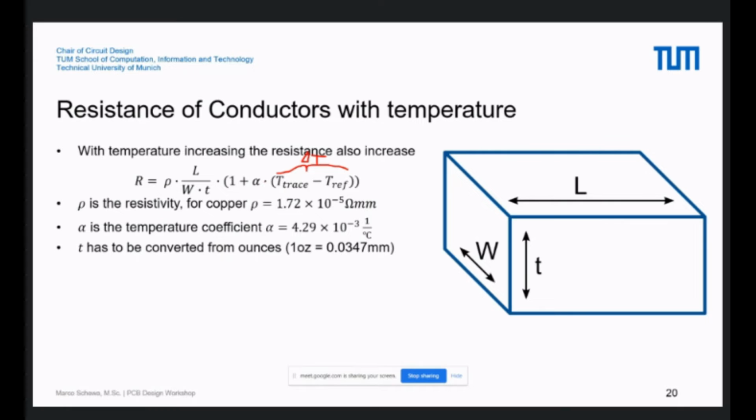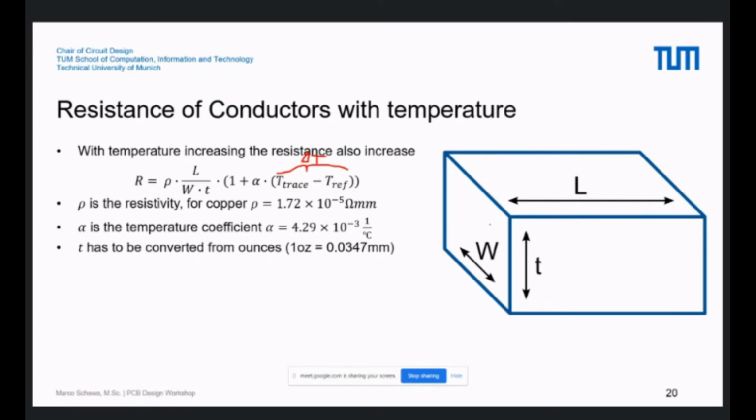And here alpha is the temperature coefficient of copper. If we say, for example, we have a 10-degree increase of the temperature, then we have about 4% more resistance. And if you increase the temperature a lot, then you also increase the resistance a lot.